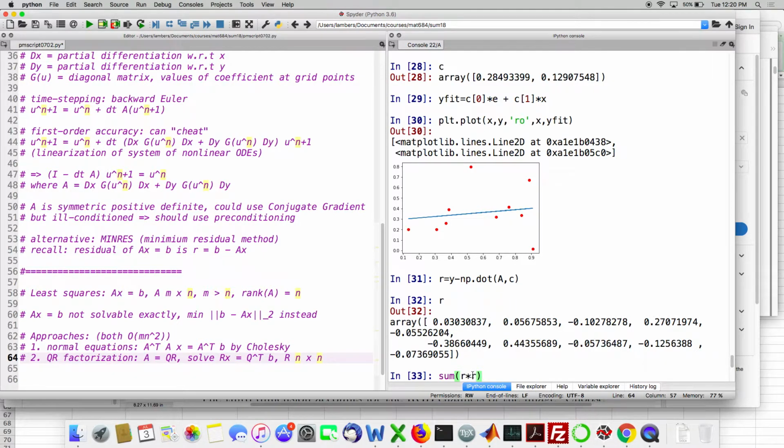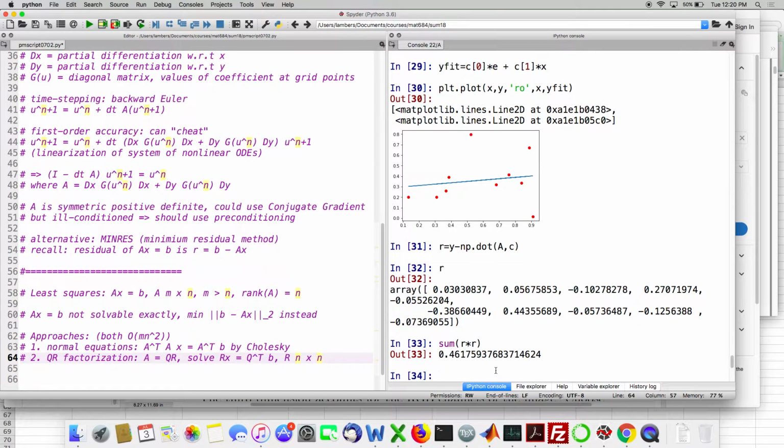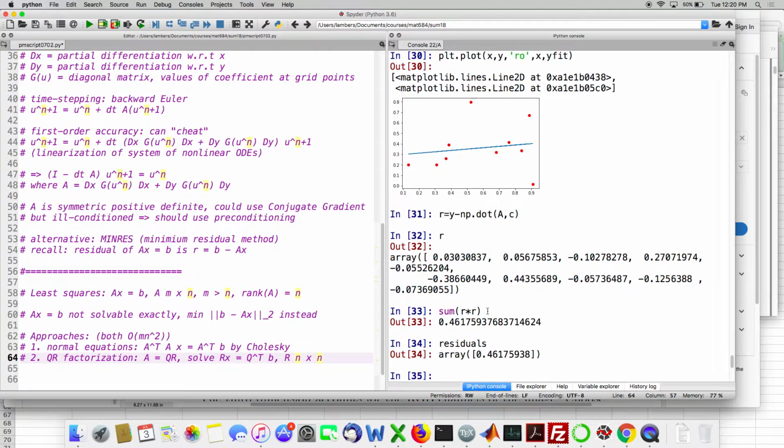But in Python, r times r just multiplies the vectors component-wise, and then I'll sum them up, and this is what I get. Now, if I compare this to the residuals output from when I solve a least squares problem, you'll see that, except for digits displayed, they're the same value. So that's where that residual value comes from.